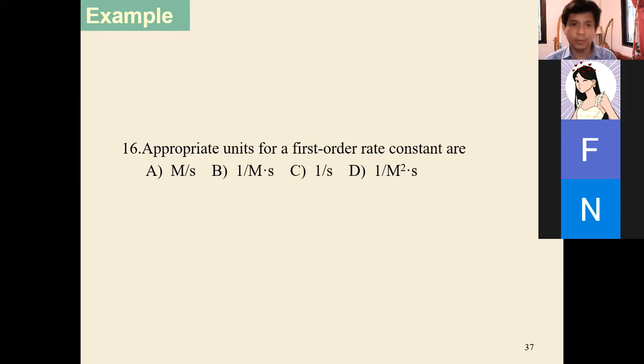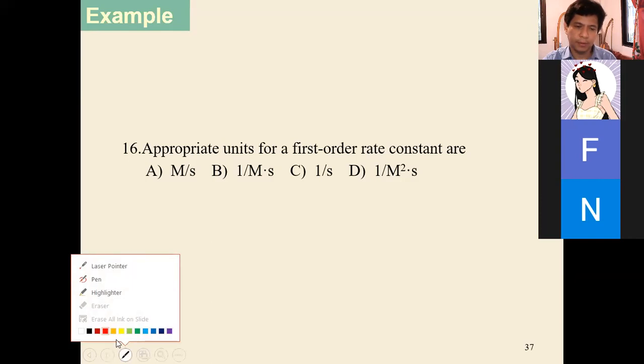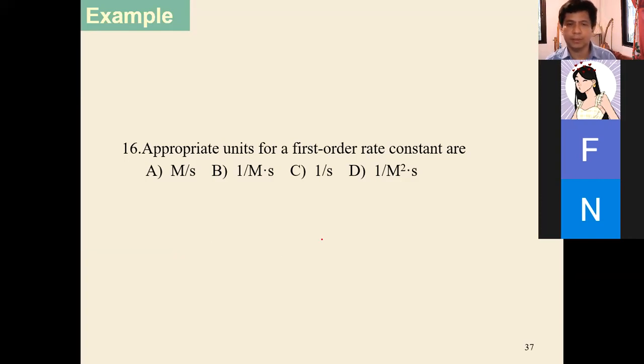Kasi di ba, the way to solve this is, kung hindi niyo matandaan, you can solve this kasi di ba ang rate ay equal kasi pag first order, rate equals k times concentration of A. So, hinahanap yung unit ng K. So, ang K is always rate divided by concentration of A. Palagi kong sinasabi sa inyo, you need to remember na ang unit ng rate ay palaging molarity per second.